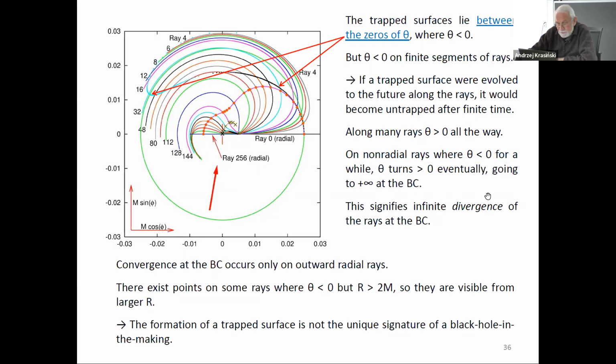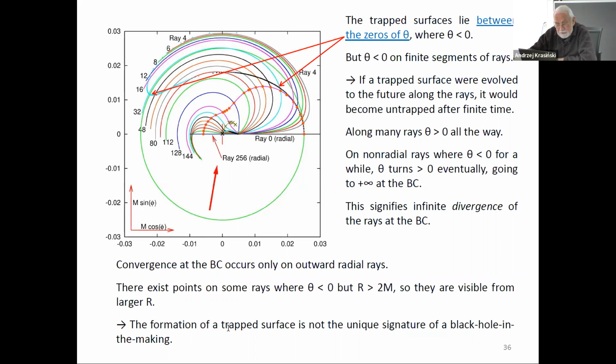Okay, I told you this, that the rays have infinite divergence at the contact with the big crunch. Convergence occurs only on the radial rays. So the formation of a trapped surface is not the unique signature of a black hole in the making.